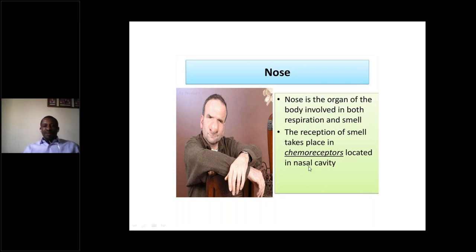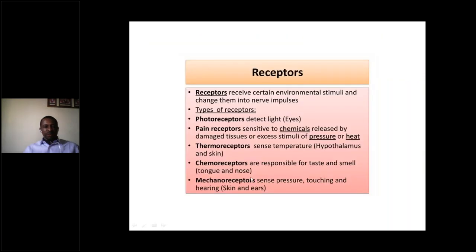The nose has chemoreceptors located in the nasal cavity, as I mentioned earlier, because smells and tastes are also chemical. When something smells bad, that's ammonia. Ammonia has a repulsive smell, like urine.